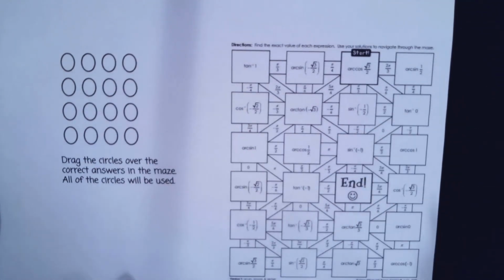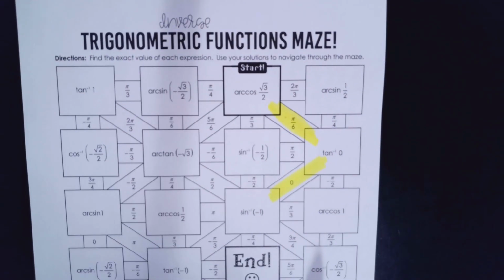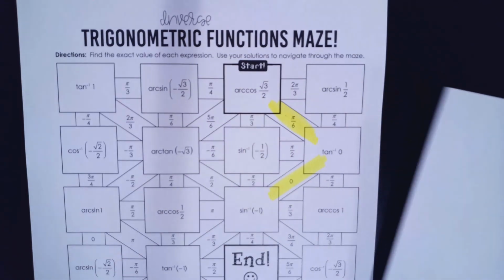I also want you to do this on a separate sheet of paper. Here's what the maze looks like, and you're going to do problem number 1. So I want you to write this down on a piece of paper. You're going to start off here with number 1.